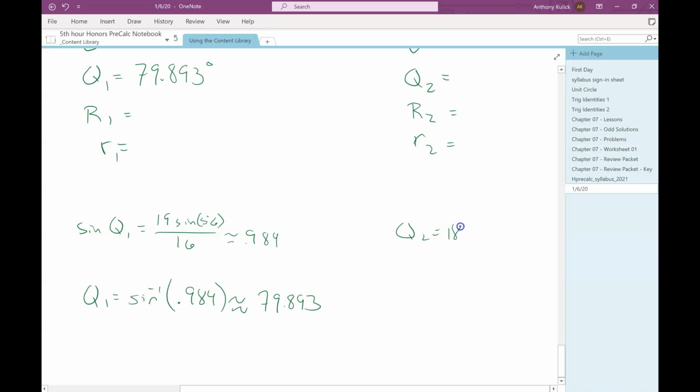Finding Q2 then is very easy because it's just the supplement to Q1. So in that case, that's 100.107.